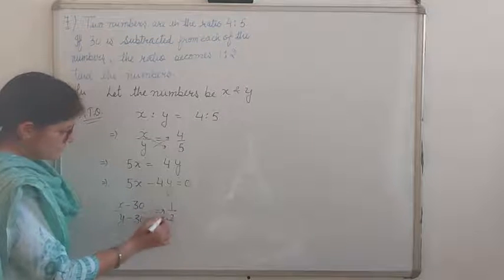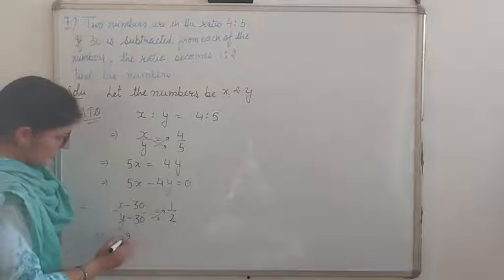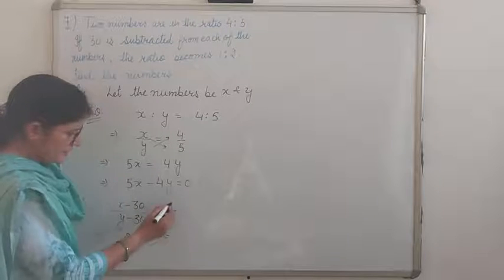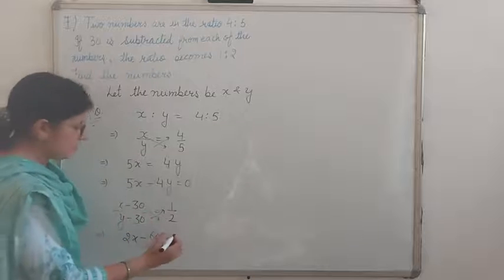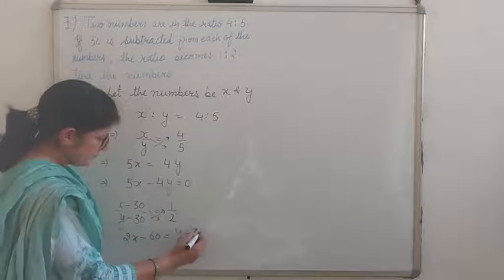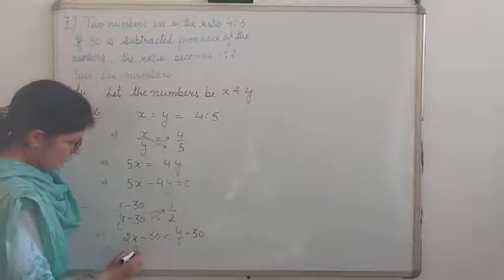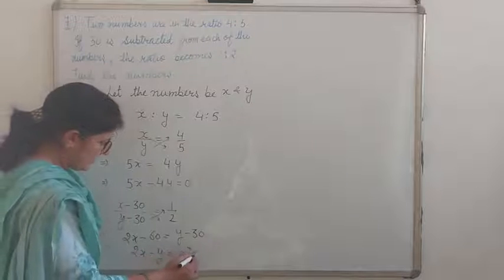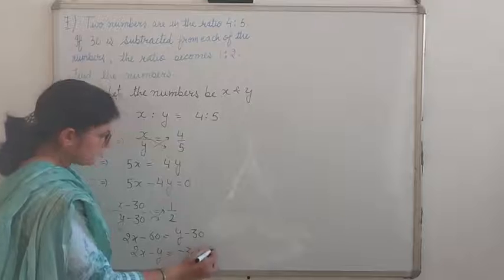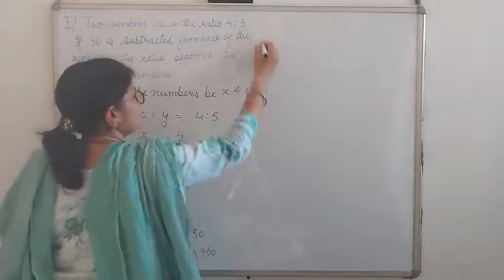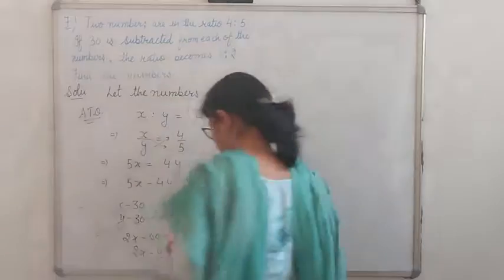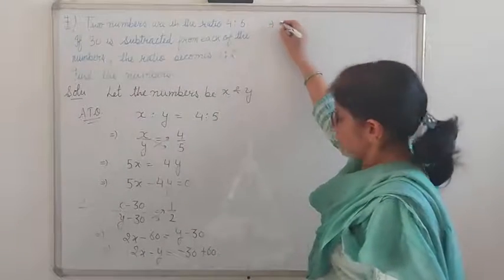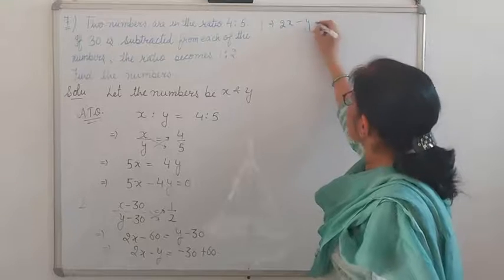Again cross multiplication. 2 times x minus 30 is 2x minus 60, and here we multiply y by 1, so the same term comes. So 2x minus y is equal to minus 30 plus 60, or 2x minus y is 30.